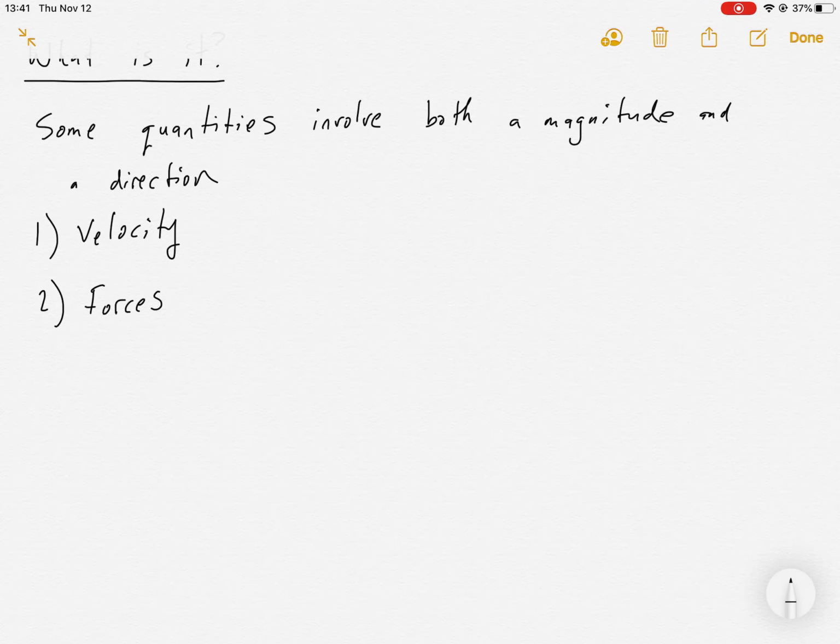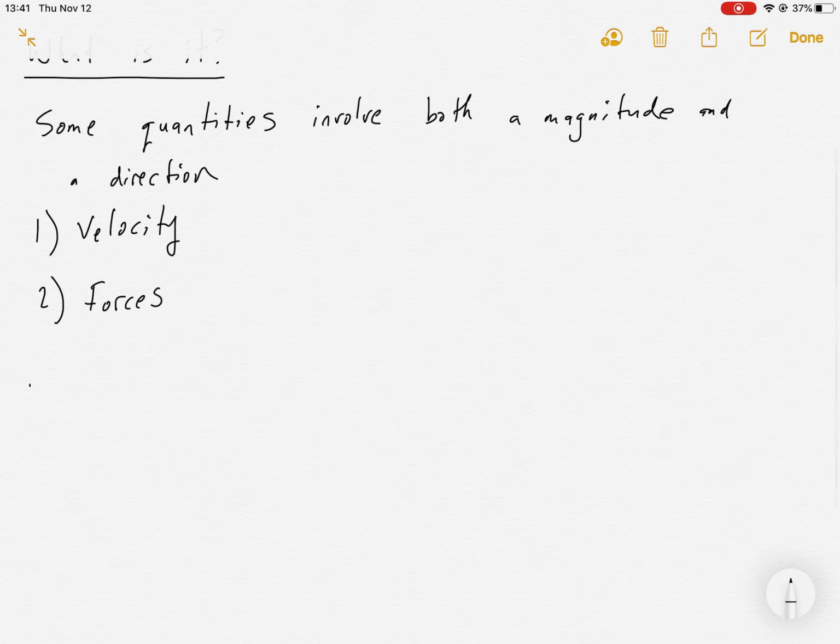So if I said something like, the plane's speed is, let's say, 550 miles per hour, this is not a vector.